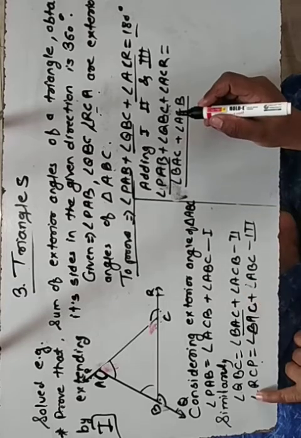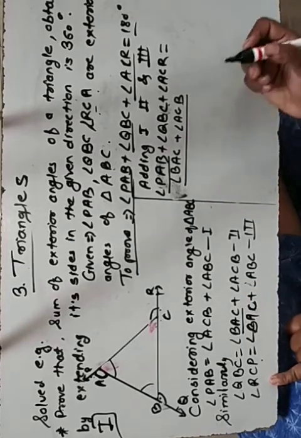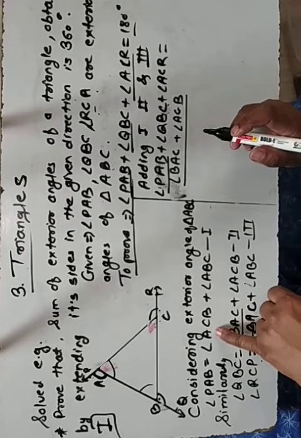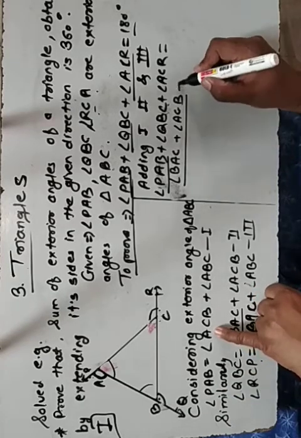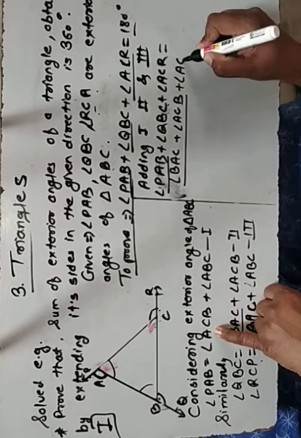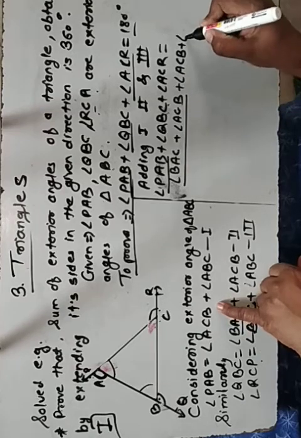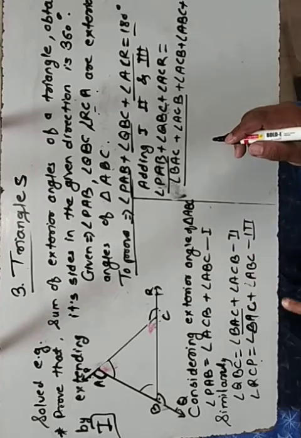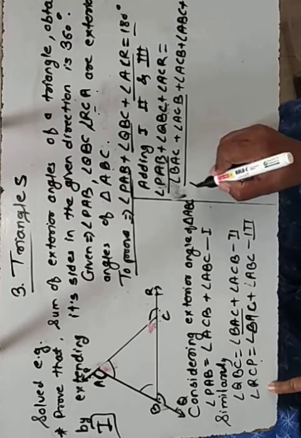Now QBC is equal to BAC plus ACB, and then we write RCP's angle, BAC plus angle ABC.